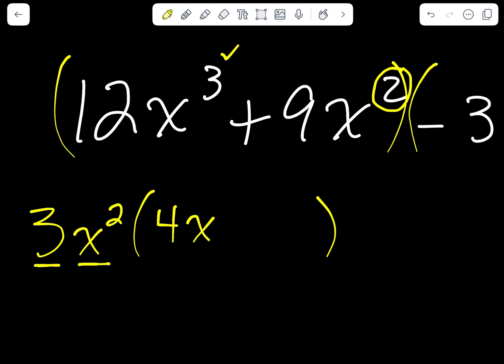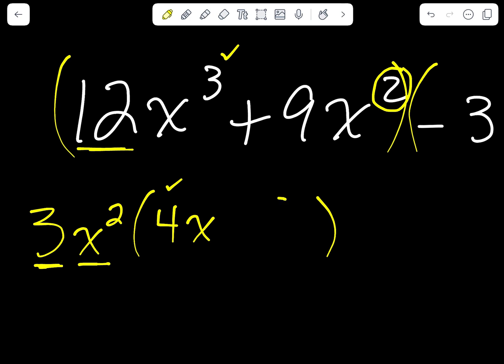Because when you're multiplying with variables, you add the exponents. Now you can do this in a reverse method, so to speak. Here we can divide instead of multiplying. We could have said 12 divided by 3 is 4, and x to the third divided by x squared, you would subtract the exponents, which would just leave us with x.